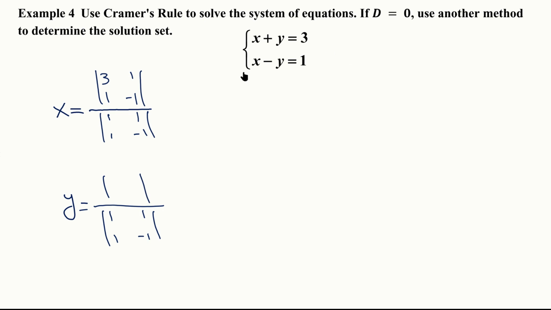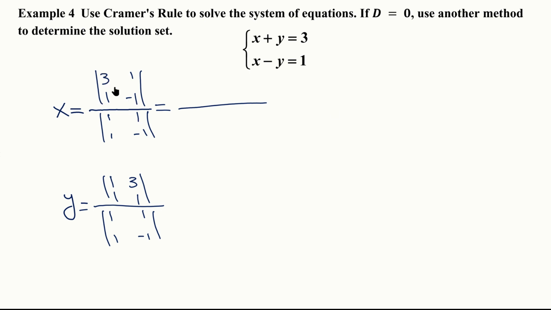When we solve for y, we're going to keep the coefficients for x. So this column doesn't change relative to what we call D. But for the coefficients of y, we replace the 1 and negative 1 with 3, 1. And then we proceed to solve.